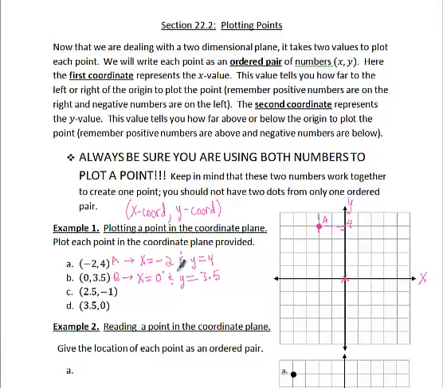And so with x equals 0, that means that I do not go right or left. I just simply stay here along the y-axis. Okay, so anywhere along this y-axis, any point on the y-axis satisfies this first coordinate, x equals 0. So I know I'm going to fall on the y-axis, but where at?